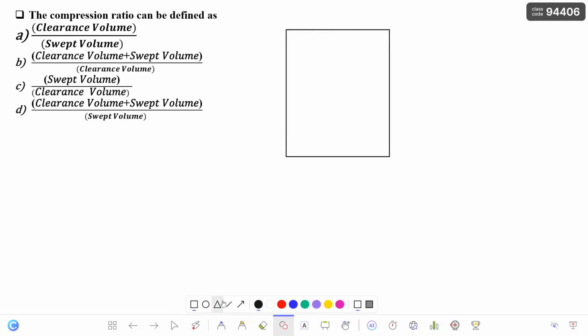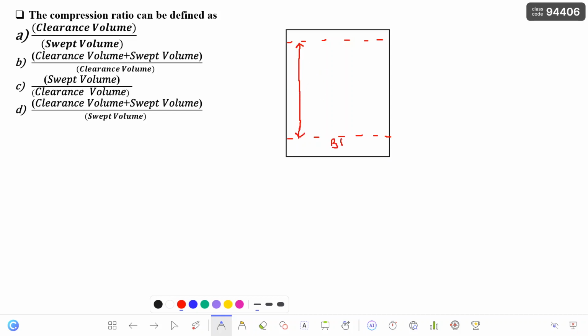So if we say this is the engine, as I said, this is the top dead center and this is the bottom dead center.